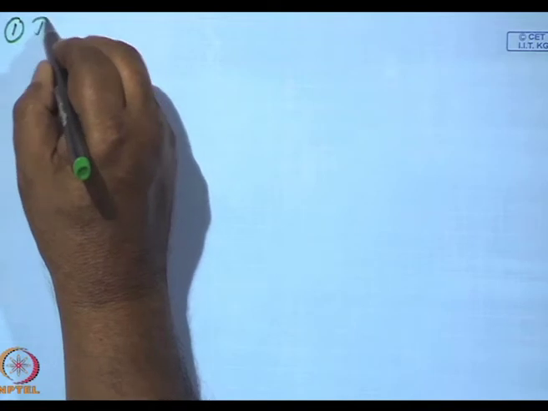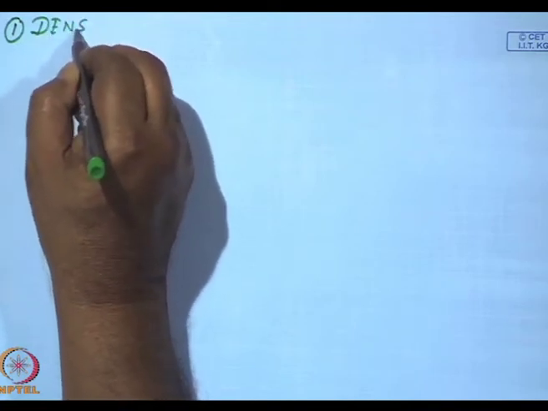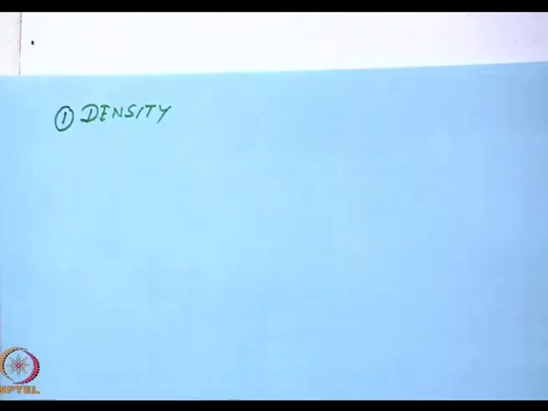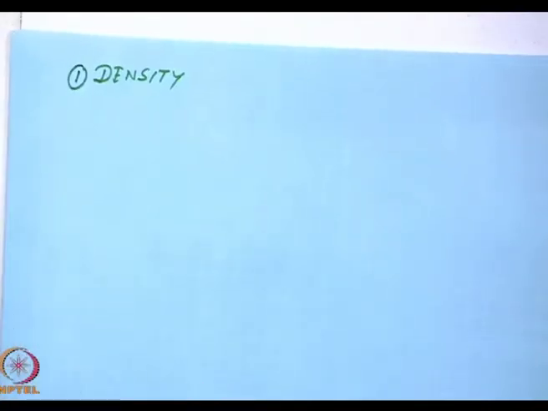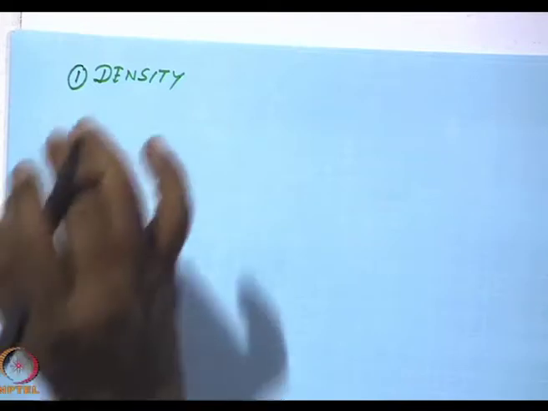I am stepping back now to say, hey, fine, you have told me how to do it, but what about the powder itself? Is it dense or is it porous? So, one of the first things that we have to do is measure the density, because each chemical compound has its own density unless it is porous.